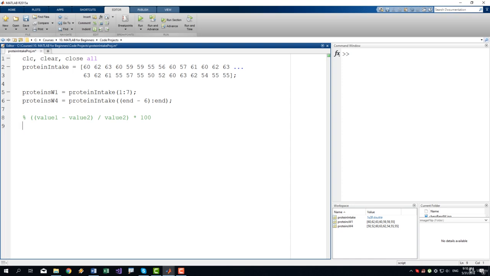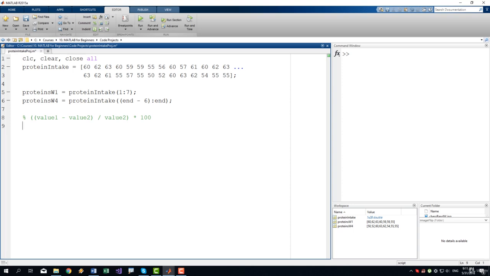And you can switch between value 1 and value 2 depending on what difference you want to check. If you want to check how much more or less value 1 has compared to value 2, you use value 1 first and subtract and divide it with value 2. If you want to check how much more or less value 2 has compared to value 1, you switch them and subtract and divide value 1 from value 2.